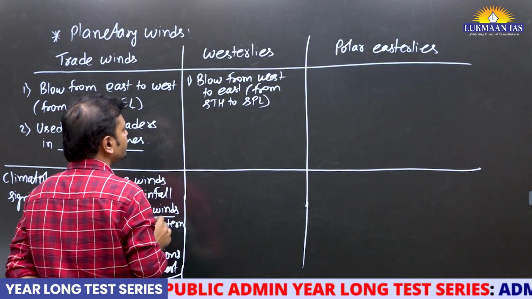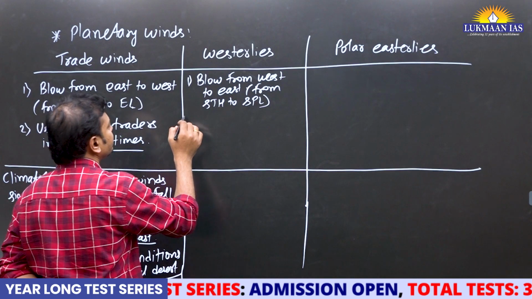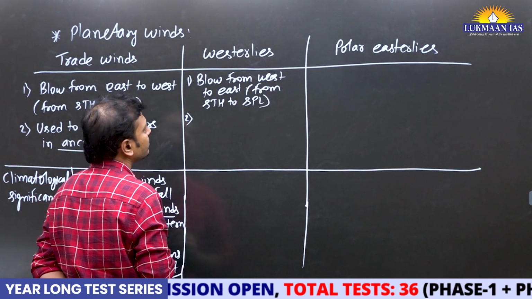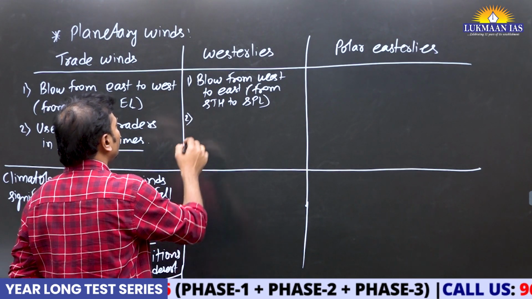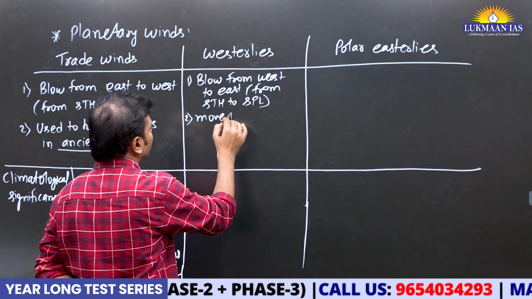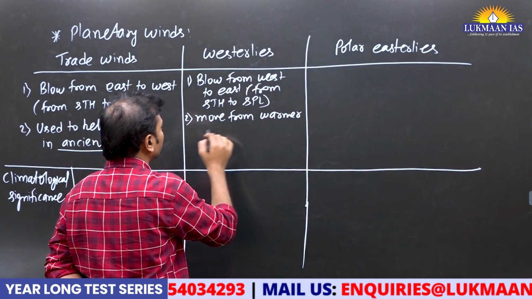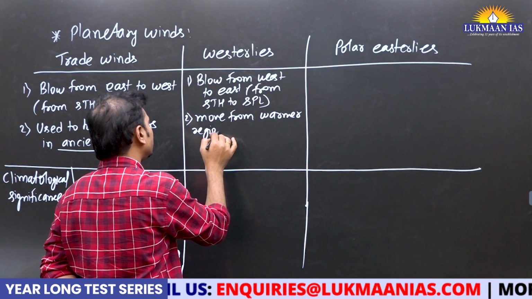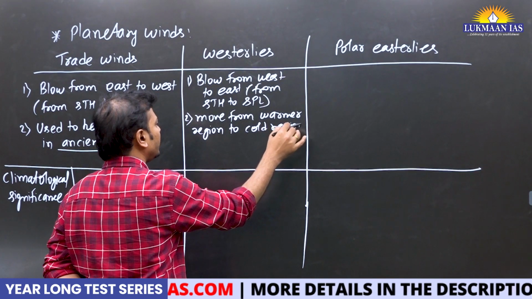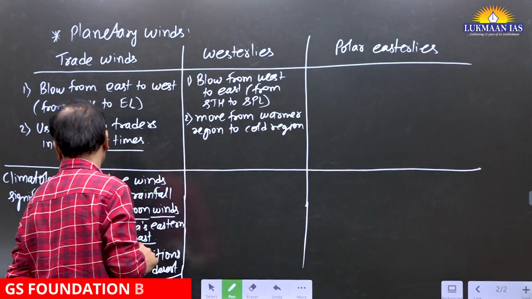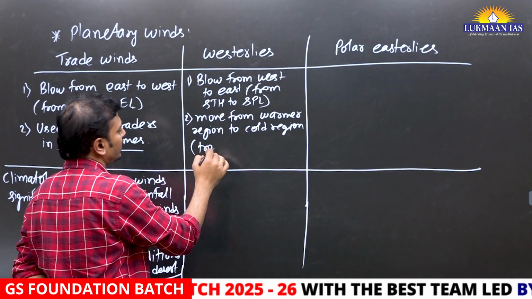Westerlies. Second, they move from warmer region to cold region. So heat transfer में सबसे ज्यादा ये रोल प्ले करते हैं. Heat transfer from tropical to subtropical and polar regions.